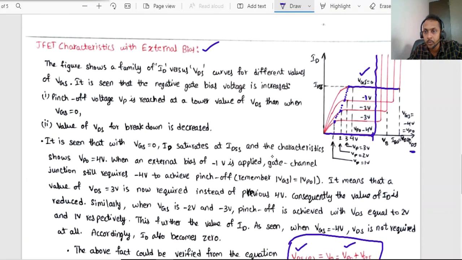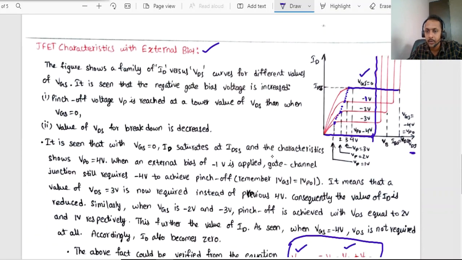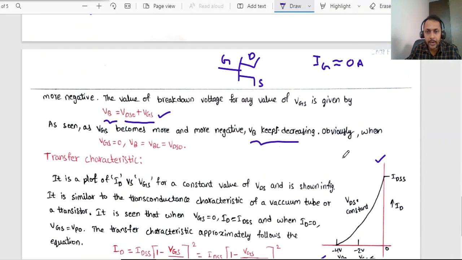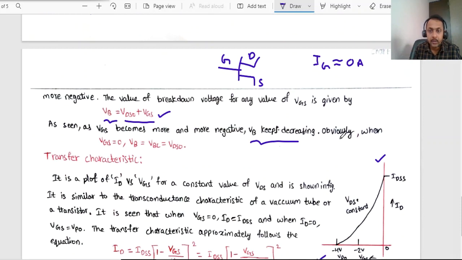Dear students, you can observe here very clearly, this is the breakdown voltage. In this case, this is the breakdown voltage. So the breakdown voltage is getting decreased if you are making VGS more and more negative.